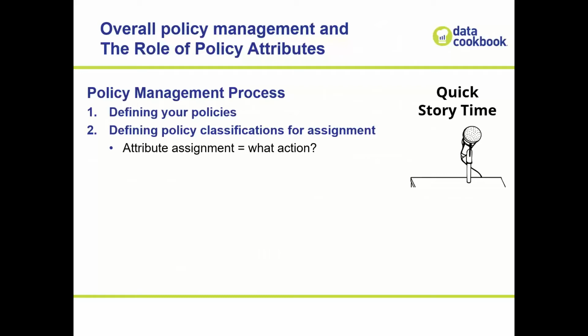But essentially, they're saying for this particular policy, for this particular classification, what are the actions that we want to allow? You can think broadly about this, and we'll talk about some specifics of types of policy attributes that you have. But the point here is that your classification or these policy attributes are really what defines what action can be taken within that policy on that thing that you're assigning it to.